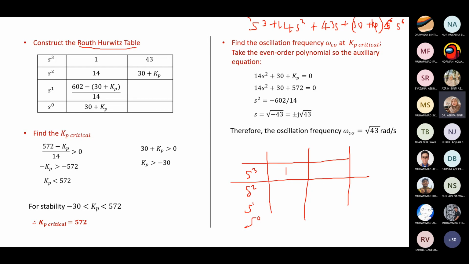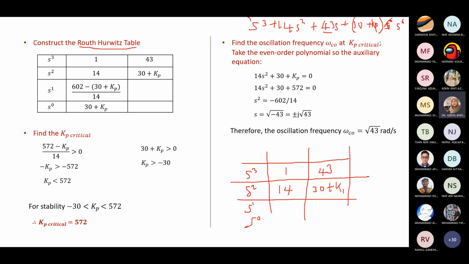For the s power of 2, the coefficient here is 14, so we put 14 for the second row. Then for the next one here, 43s, we put it in the first column and the second row. Remember, 43. And then the last one, we have the coefficient for s power of 0, 30 plus KP.